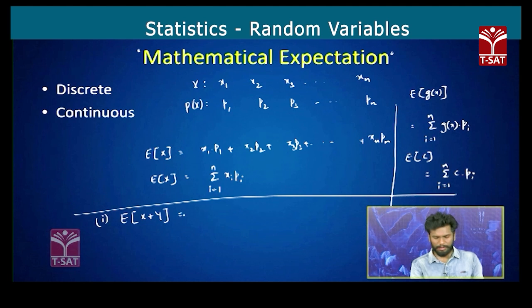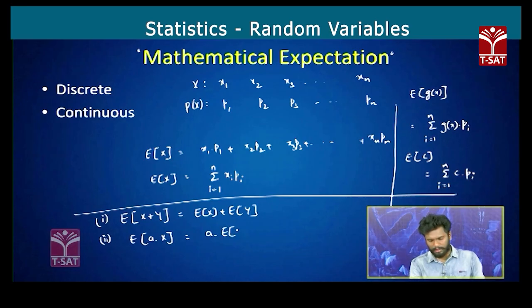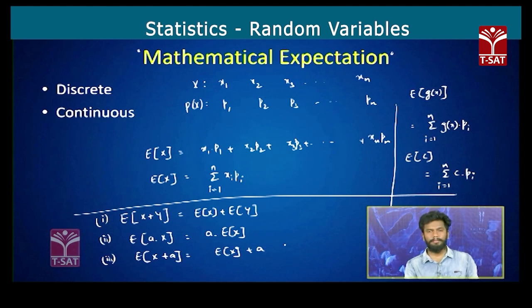So expectation of X plus Y will be equal to expectation of X plus expectation of Y. Similarly, second property, expectation of some constant into X, which will be equal to a into expectation of X. Third one, expectation of X plus a, which will be equal to expectation of X plus a.